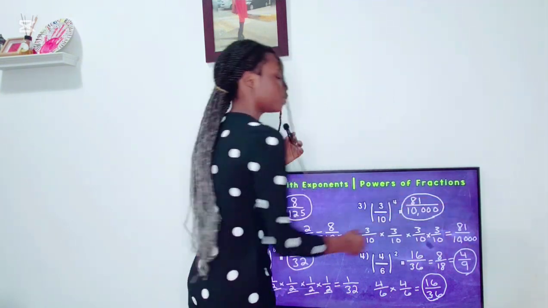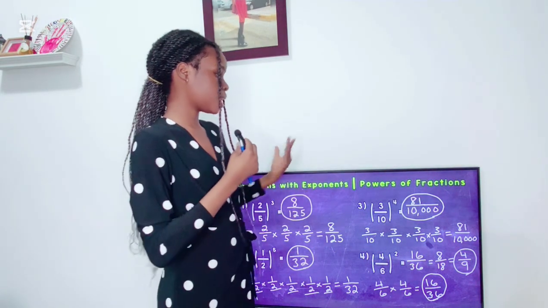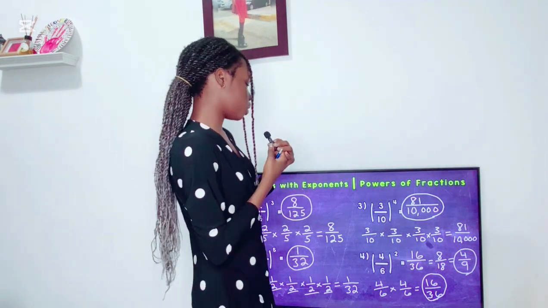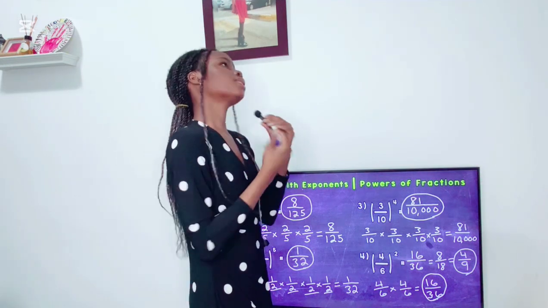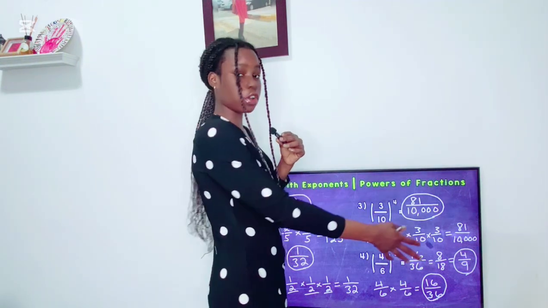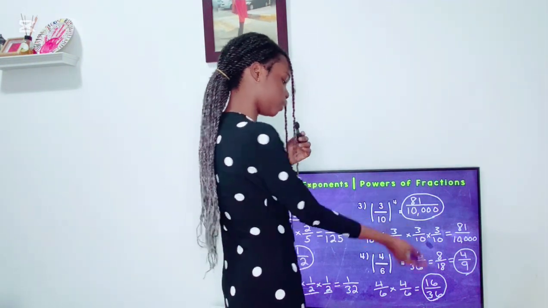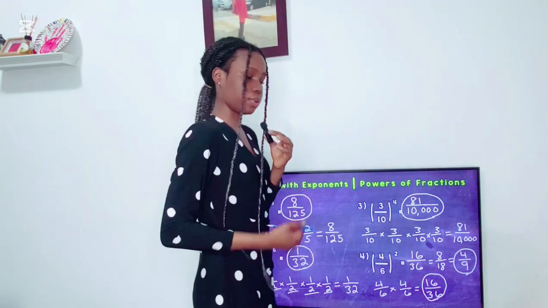And this is exactly why I said it can get harder as we go on. Because imagine if this were 5 instead. We would have had an even larger number, right? If this were 5 instead of 3, so 5 times, we would have had an even larger number.